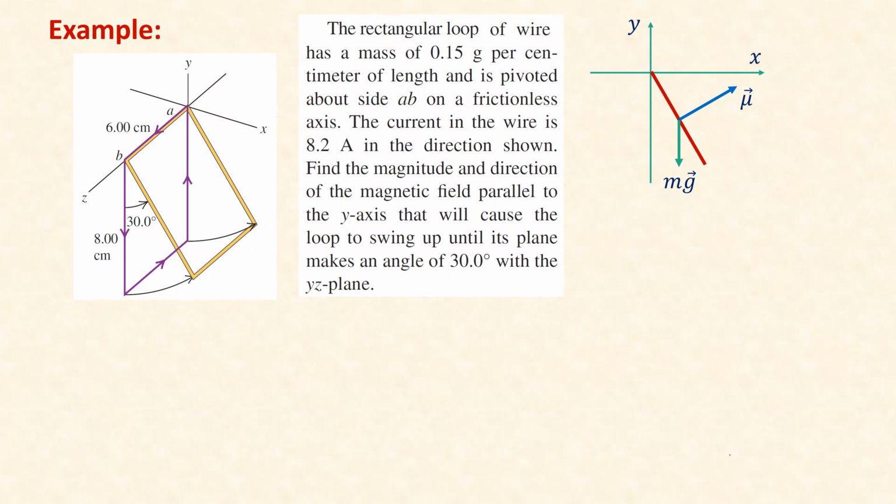The rectangular loop of wire has a mass of 0.15 gram per centimeter of length and is pivoted about side AB, as you see here, this side, on a frictionless axis. The current in the wire is 8.2 amps in the direction shown.